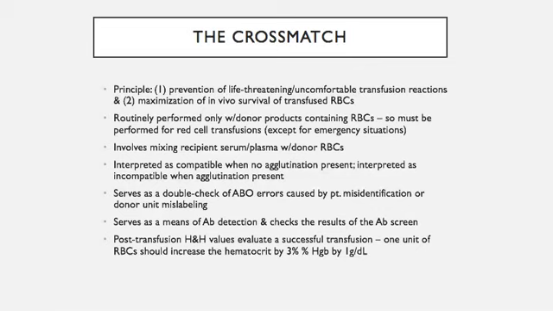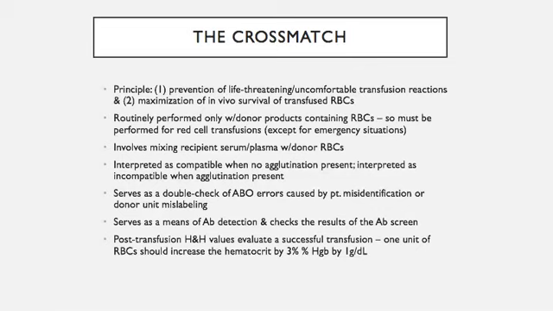They come together like that lock and key mechanism, and they agglutinate. So if we're testing the patient's serum or plasma, that's where the antibodies are located, against the donor's red cells, which is where the antigens are located, and that patient has an antibody to an antigen that the donor unit has, then you're going to see agglutination. That would mean that that unit is not compatible.